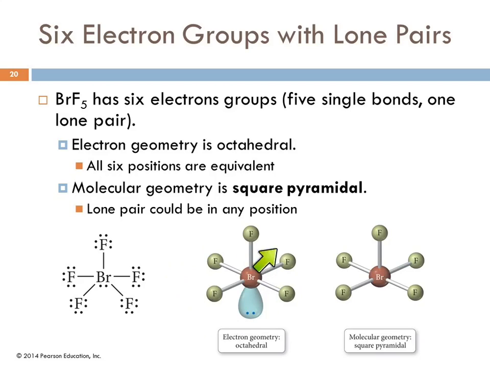So the electron geometry is still octahedral, but we make this guy invisible and we're left with this shape. And that's called a square pyramid. Because here's the square, and this is the pyramid part. So it's making a pyramid with a square at the base instead of a triangle. So there's square pyramidal and there's trigonal pyramidal.